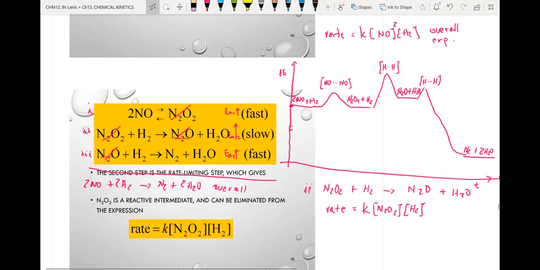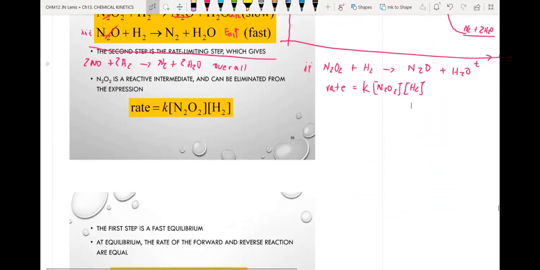But notice that you are writing a rate of the elementary step using a species that we just call an intermediate, and that species doesn't show in the overall chemical equation. It's not there. So we need to make some adjustments. We just need to play with this a little bit.